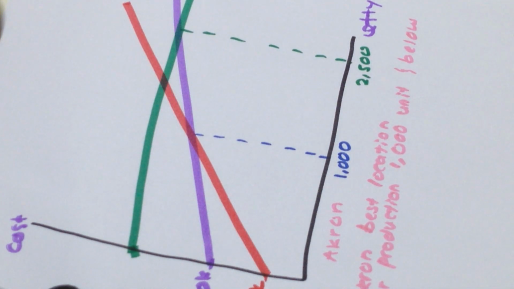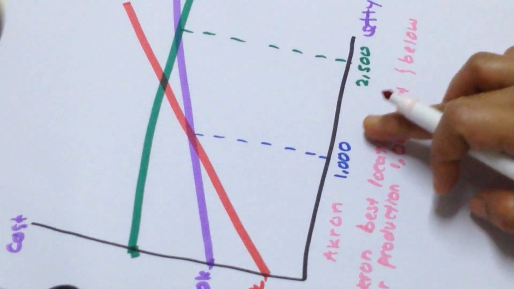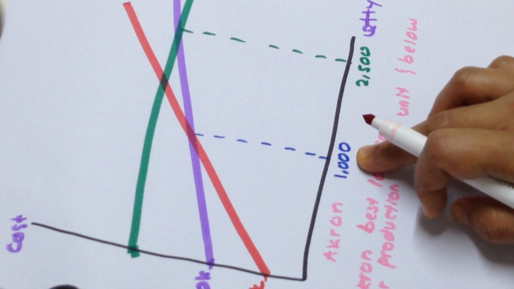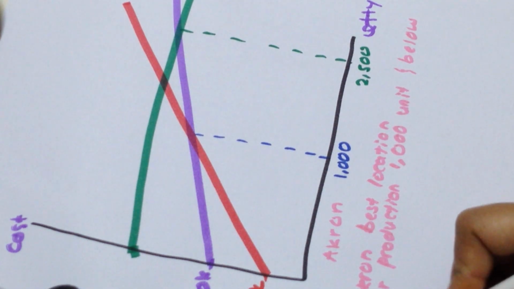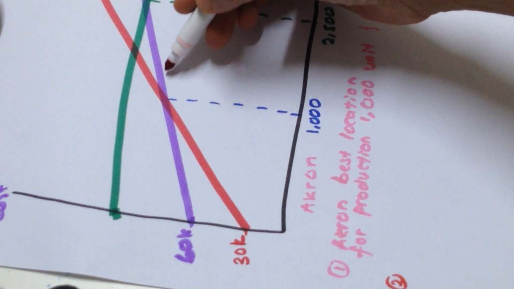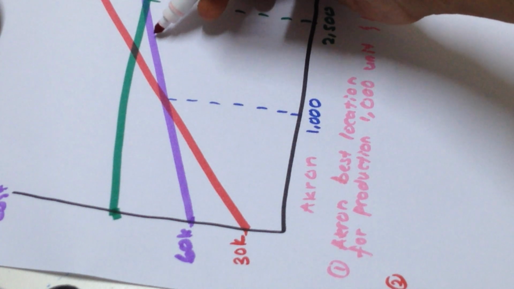Okay, if you wish to look at this region between 1,000 and 2,500, the best location is, if you can see here, the purple one for Bowling Green.